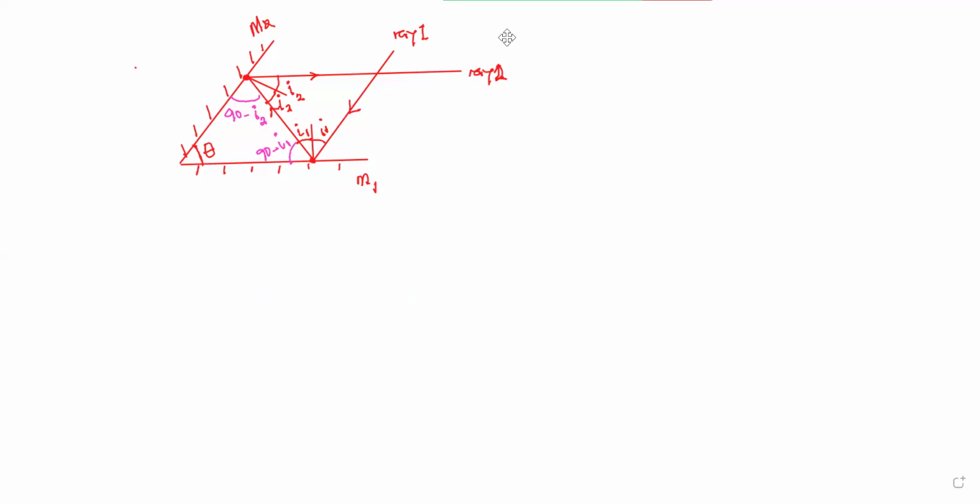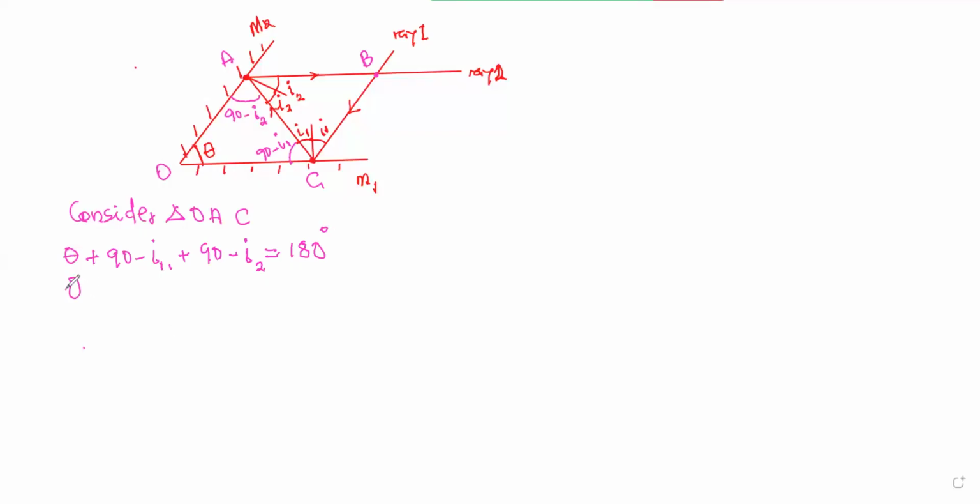So let's label this triangle O, A, B, C. When you consider triangle O, A, C, the sum of angles in there, we have theta plus 90 minus I1 plus 90 minus I2, summing up to be 180 degrees.